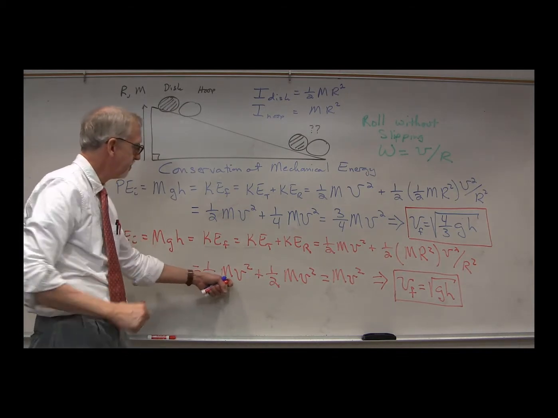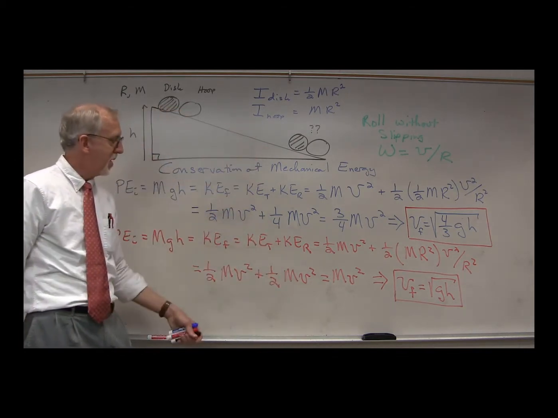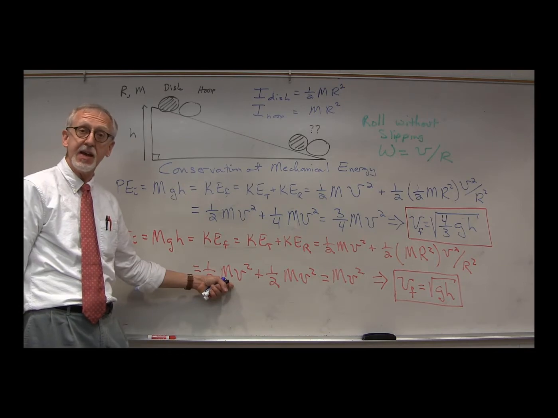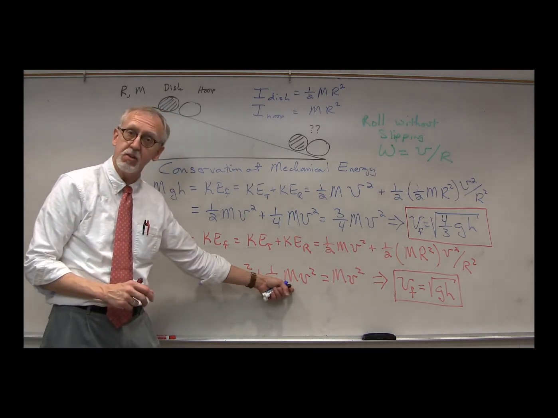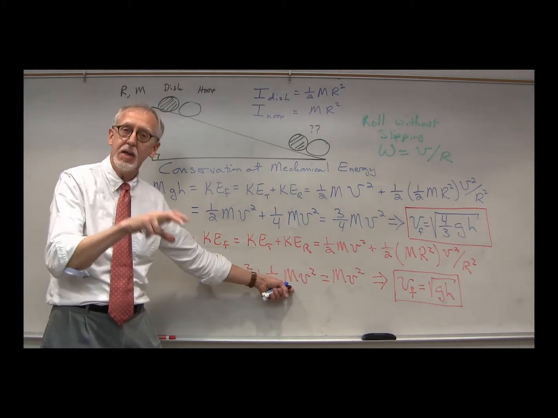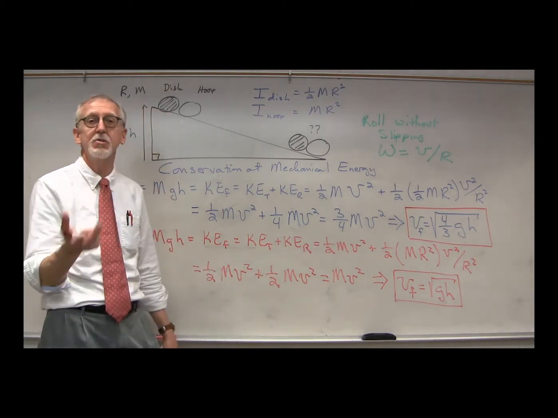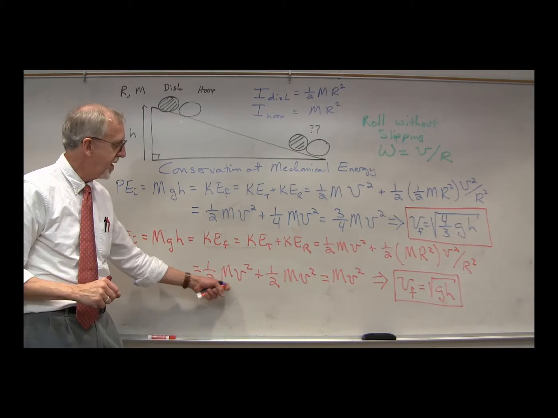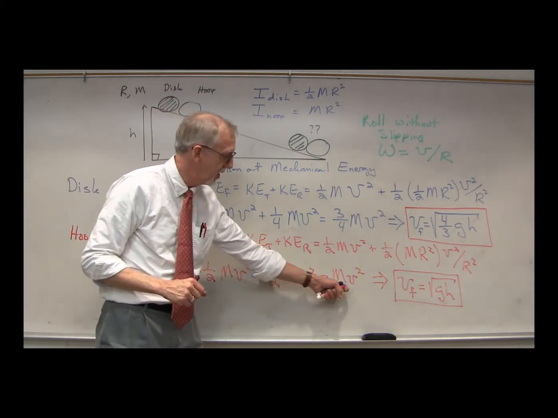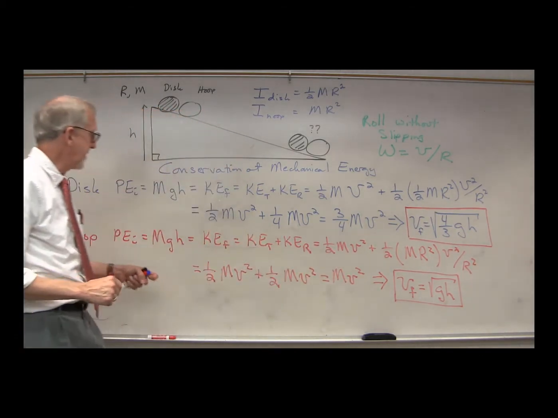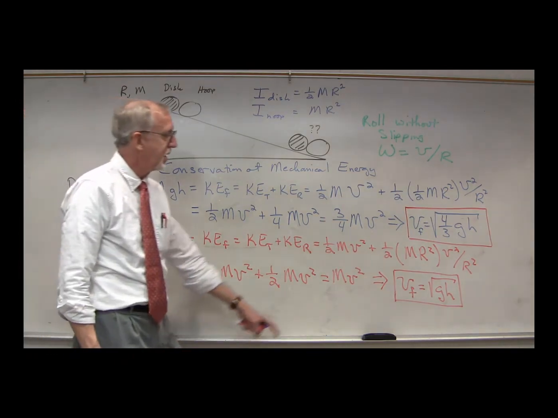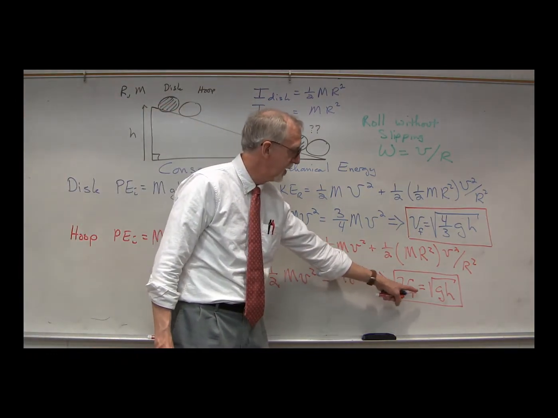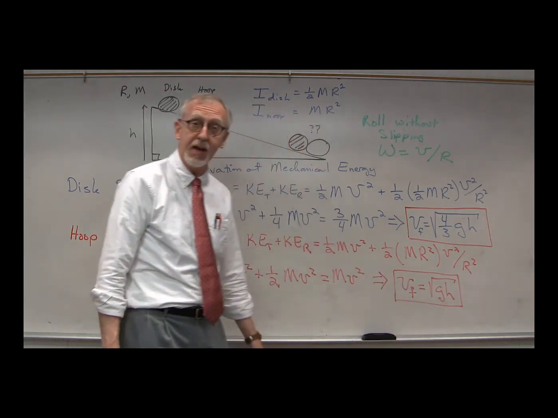For the hoop, when it rolls down the bottom, half of the kinetic energy is in the translational part and half is in the rotational part. It has equal amounts of energy in its rotational and translational motion. So 1/2 mv squared plus 1/2 mv squared is mv squared. We equate that to mgh, divide off the m, take the square root, and we have the final velocity for the hoop is the square root of gh.